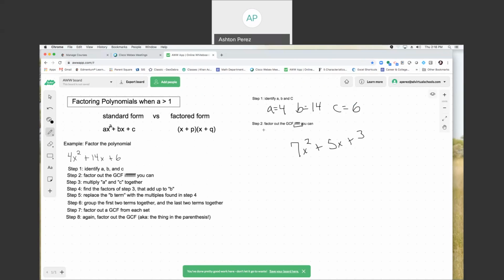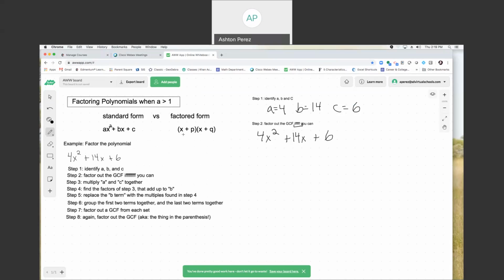So we wouldn't do step 2, we would skip to step 3. But you definitely want to include step 2 in your process so you can double check that. In our case, we can pull out a GCF, so take a look at that and think about what we're going to pull out.